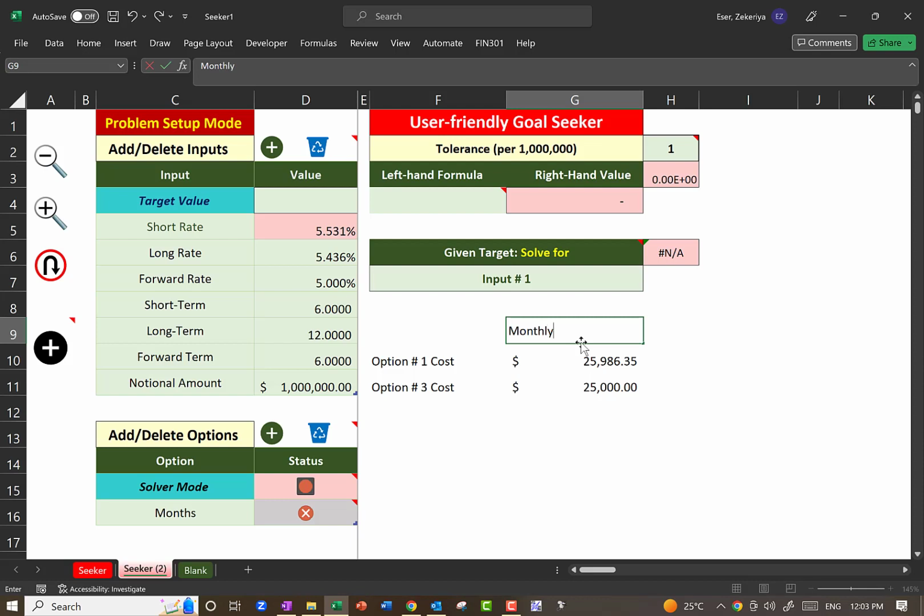Let's see, 1 year forward, 5-year rate. Or let's make it 5-year forward, 1-year rate. You're going to get the money 5 years from now, but you're going to borrow it for 1 year.